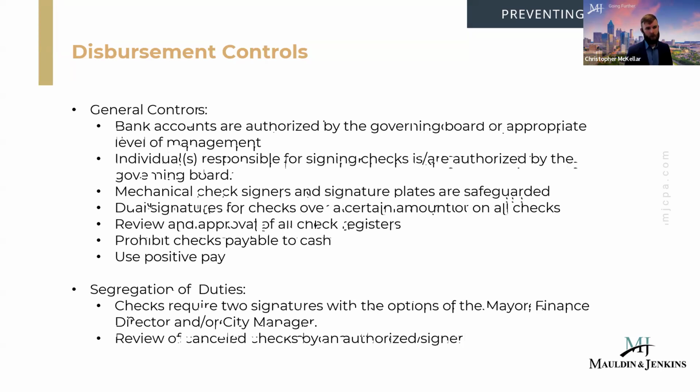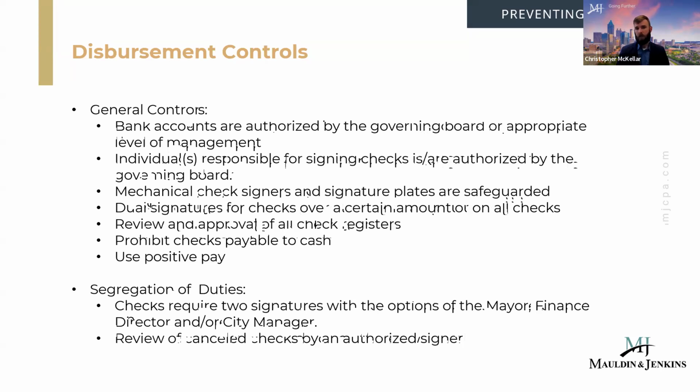Some segregation of duties. Checks require two signatures with the option of the mayor, finance director, city manager, or board members could be one of the signatures on it as well. And review of canceled checks by an authorized signer.